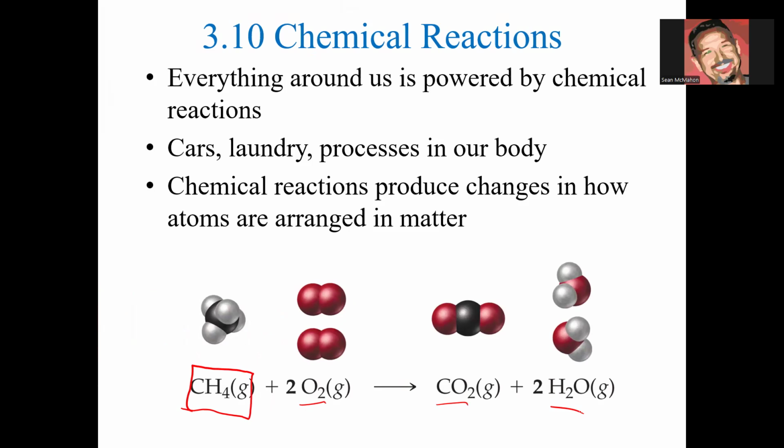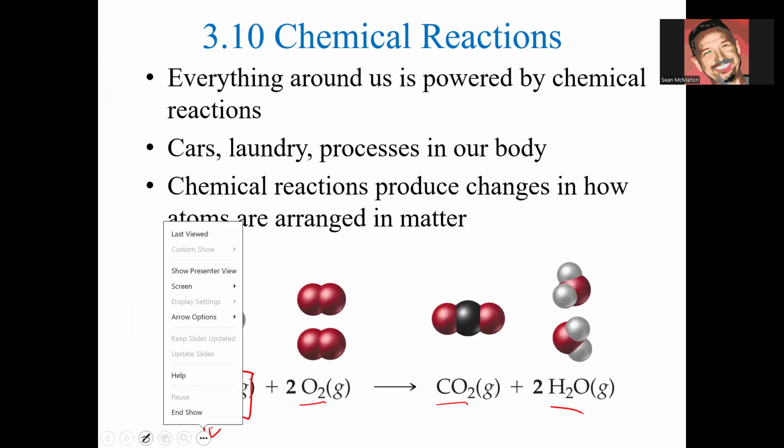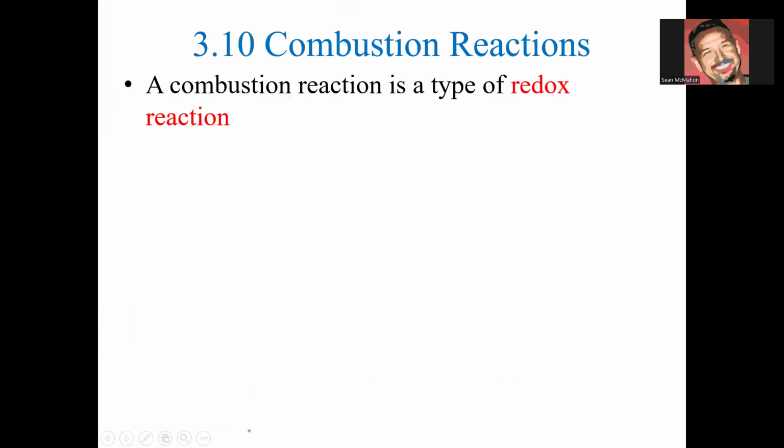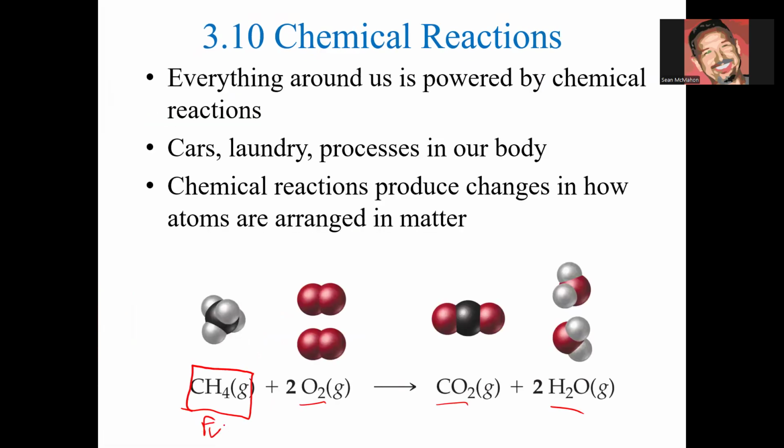All combustion reactions have a fuel source with oxygen, because you need oxygen to support combustion, producing the products of CO2, water, and energy. Okay, so that may be in the form of heat or something else.